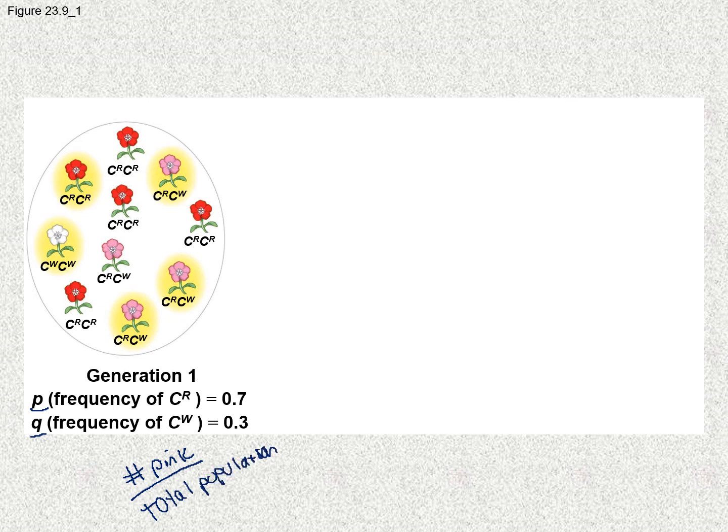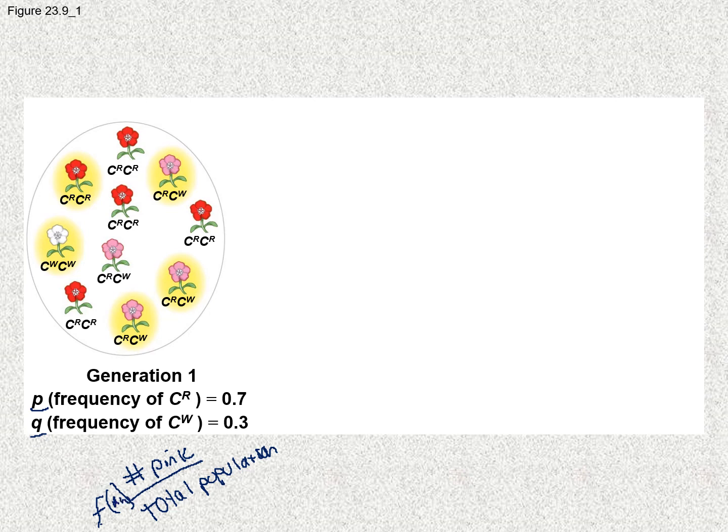Now, the number of present alleles, this could be the genotype or just the allele frequency. So again, frequency often is shown as this right here, and it could be whatever. So in this case, this would be a frequency of the heterozygote. So I'm going to go ahead and just put RW there, make it a little bit easier.